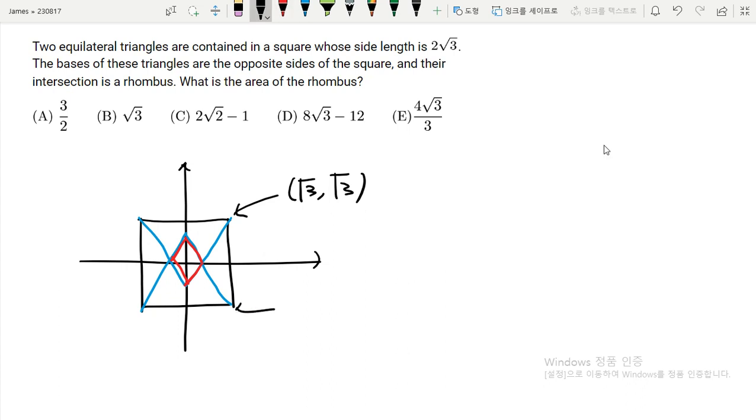So if we want to find the equation of this blue line, because the equilateral triangle has the 60 degree, the slope is the tangent of 60 degrees, in this case minus the square root of 3.